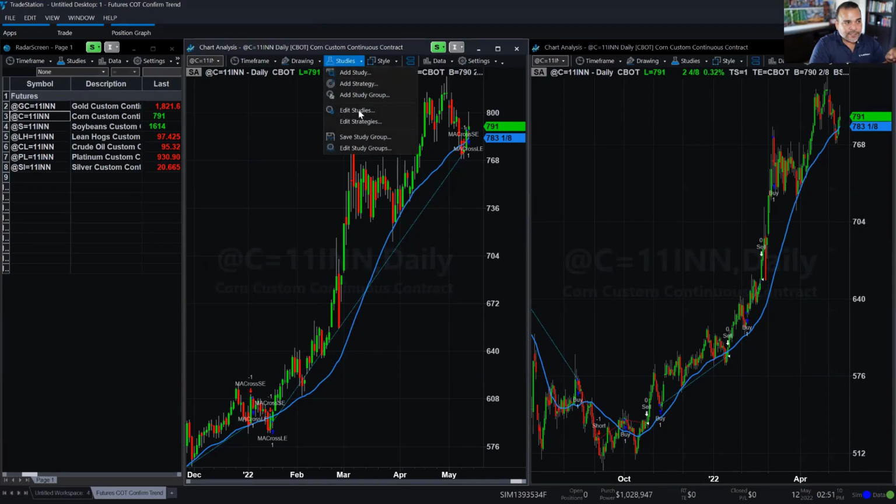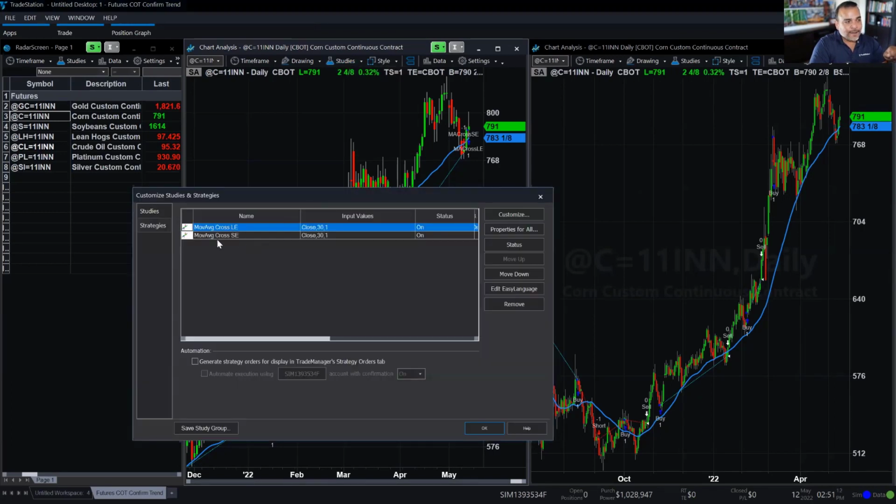I'm going to go here to studies and edit strategy. So you see it has the moving average cross LE and the moving average cross SE set to a 30-bar average, meaning that these are daily charts, by the way. So whenever the market activity crosses that moving average, it generates a trade.